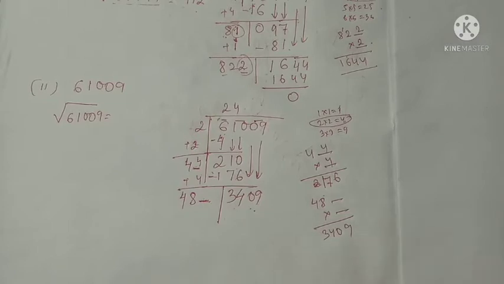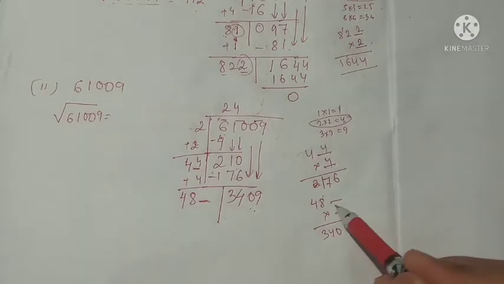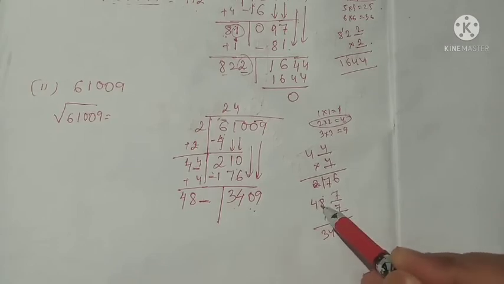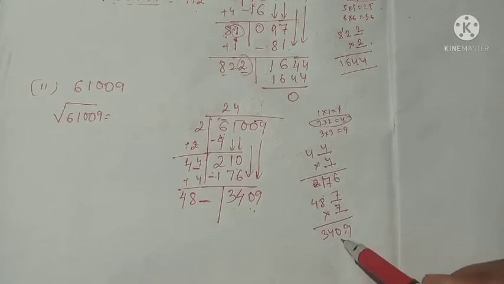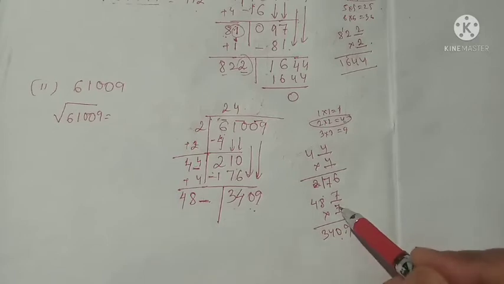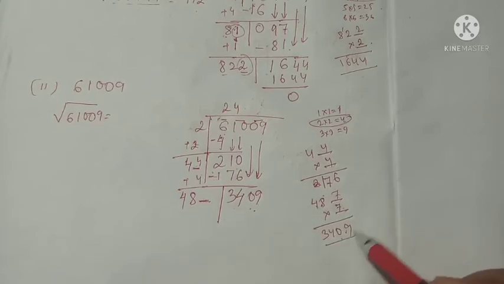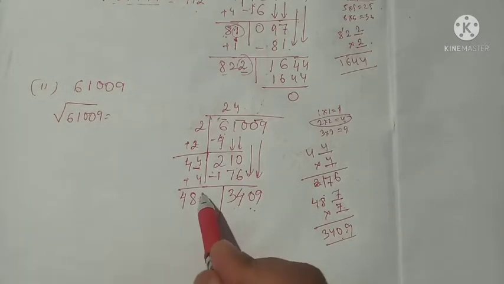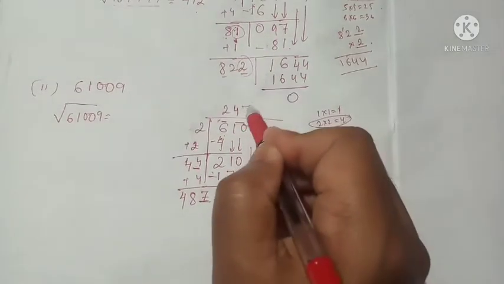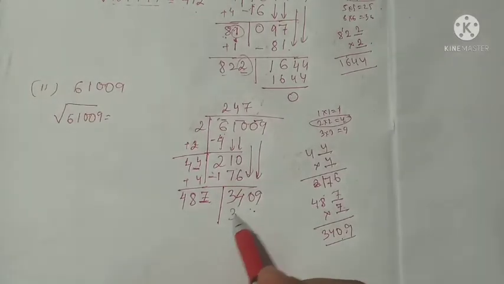What will be the right number? That is 7. If you multiply, 7 times 9 is 63, plus 4 is 67... so this one, 7 times 4 is 28, 28 plus 6 is 34. The new number is 7. That will be put in the quotient also again.